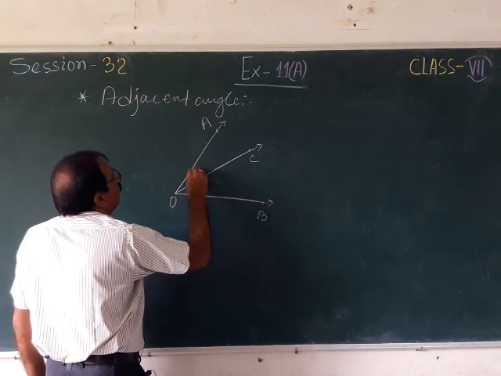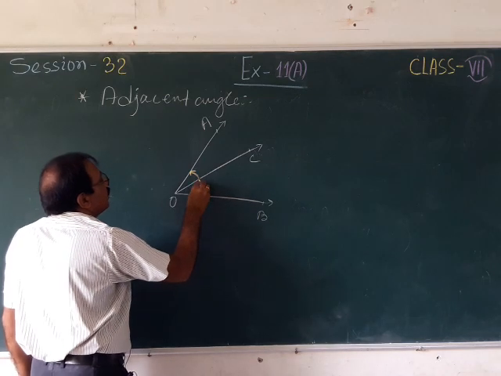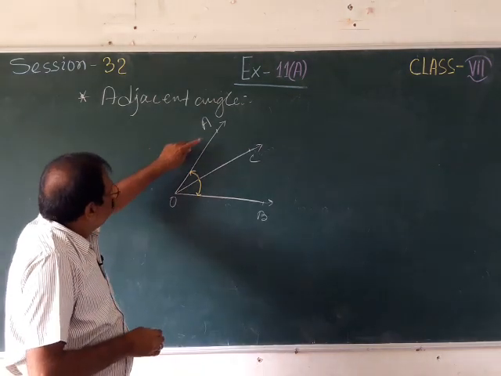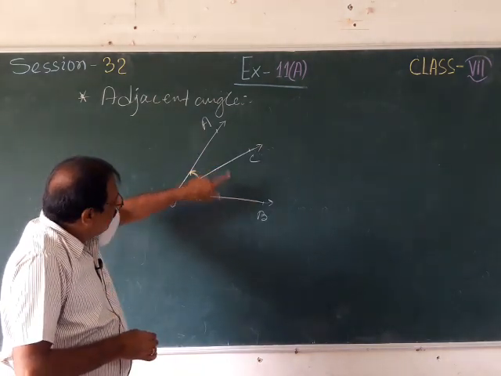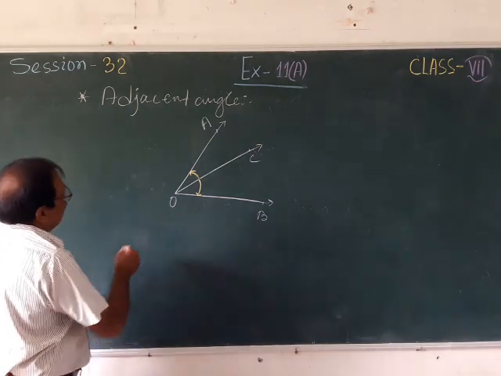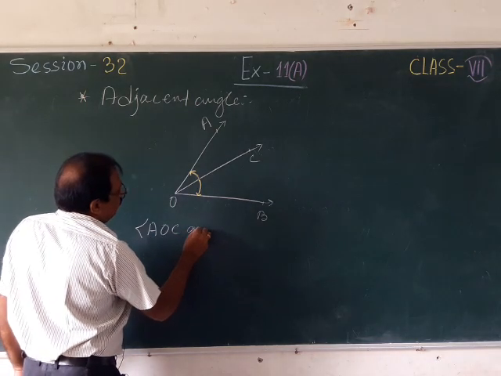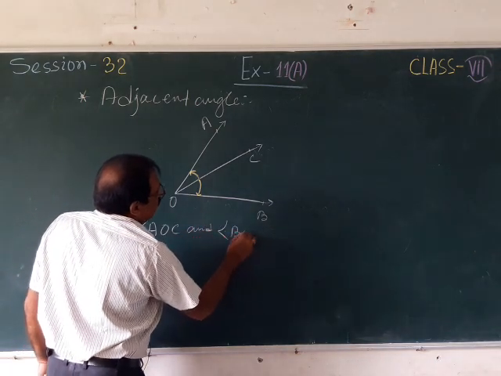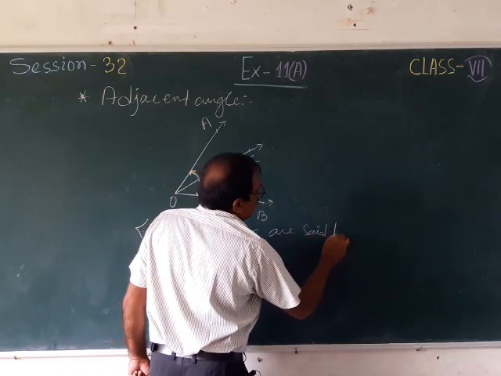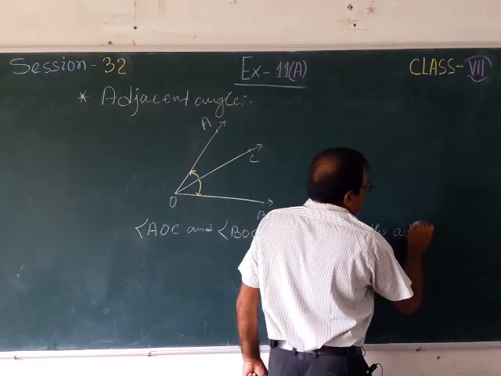One angle is forming at the upward side and another angle is forming at the downward side. Here both the angle AOC and angle BOC are said to be the adjacent angles.